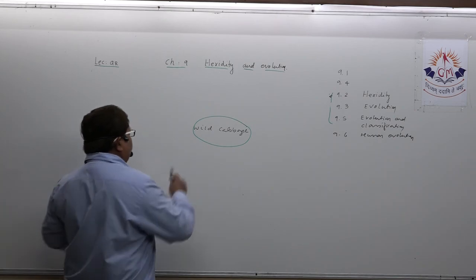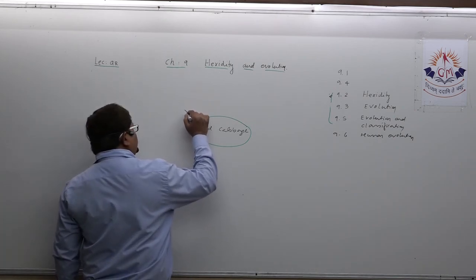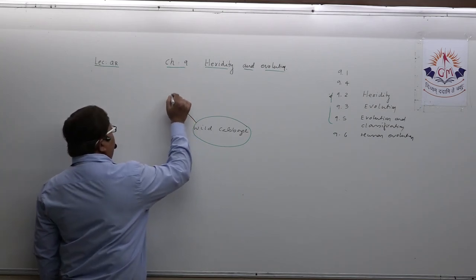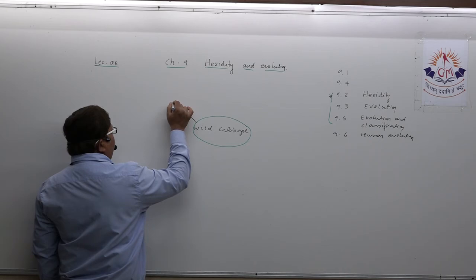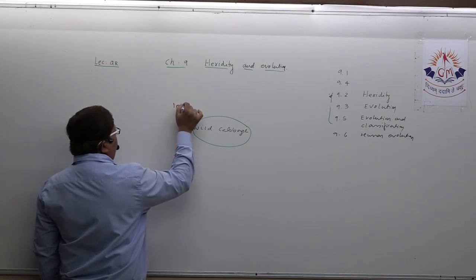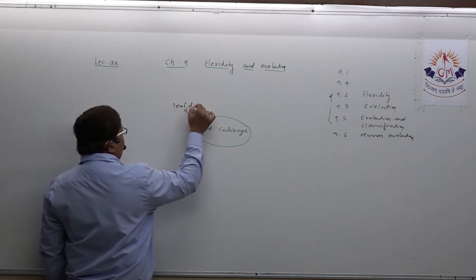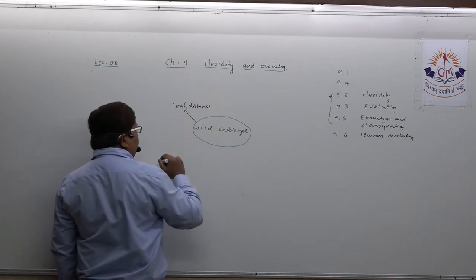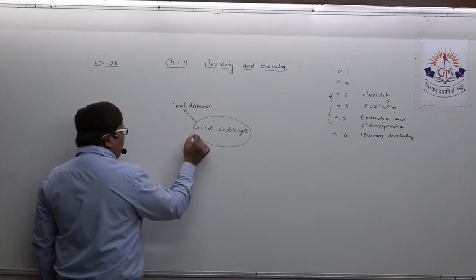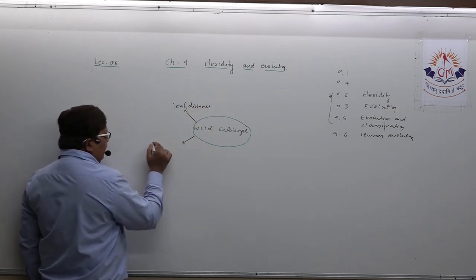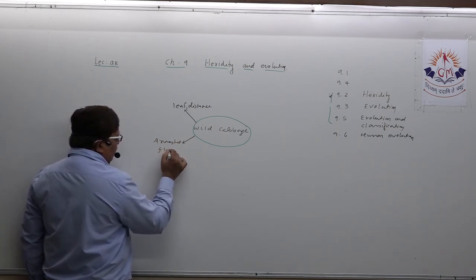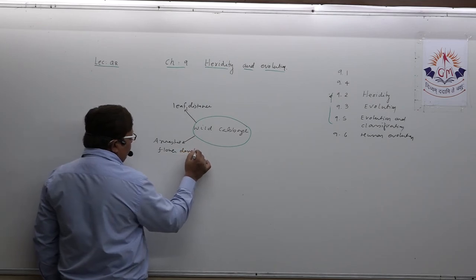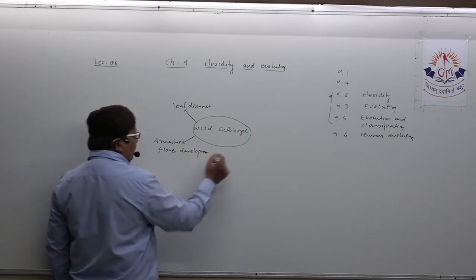See, first, how will you remember? The distance between leaves is shortened. See, you can just write this way, leaf distance. Understand? Then you write this way, remember this, arrested flower development. Please remember this.